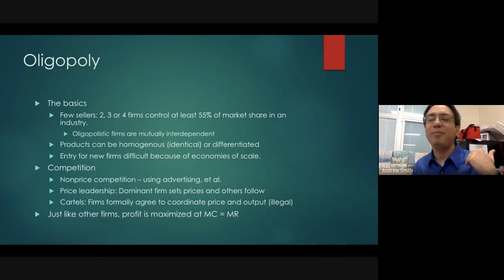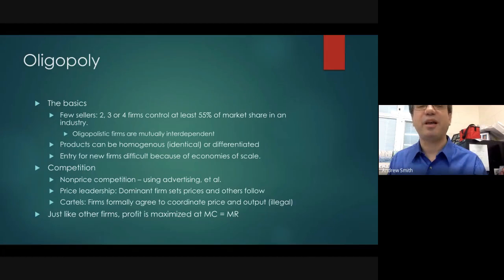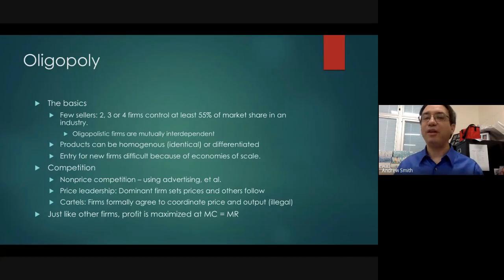Understand that profit maximization in an oligopoly is just the same as it is in monopoly, just the same as it is in perfect competition, just the same as it is in monopolistic competition. Marginal cost equals marginal revenue, okay? That point where MR equals MC is the point where profit is maximized in an oligopoly.